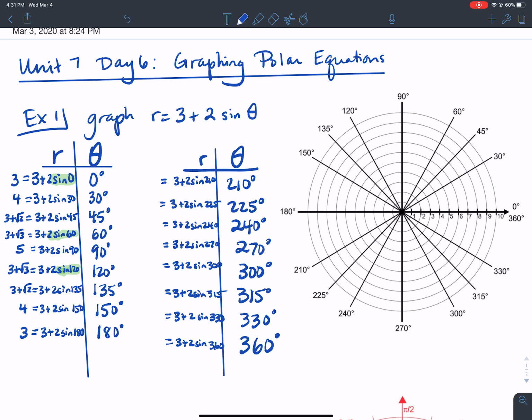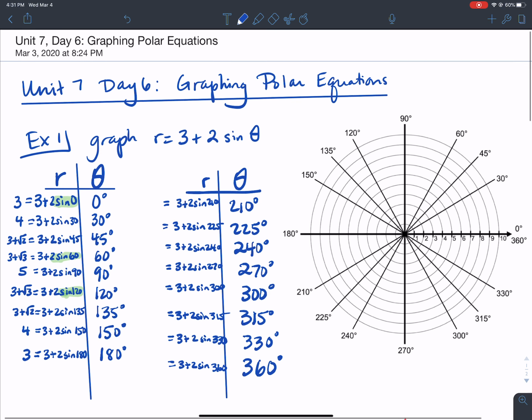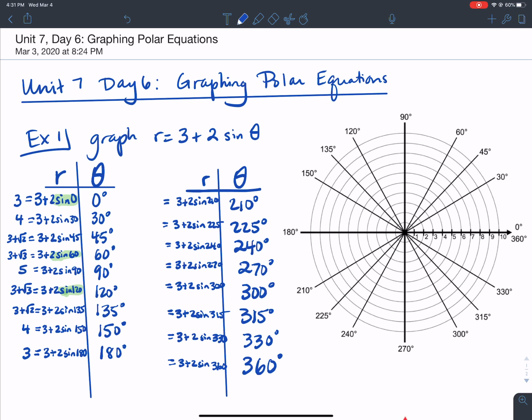All right, so the first one, sine 210, is negative 1/2 times 2 is a negative 1 plus 3 gives you a 2. Sine of 225 is negative root 2 over 2 times 2 is a negative root 2, and then 3 is 3 minus root 2.